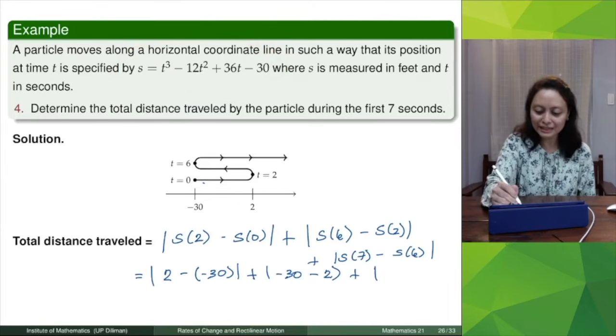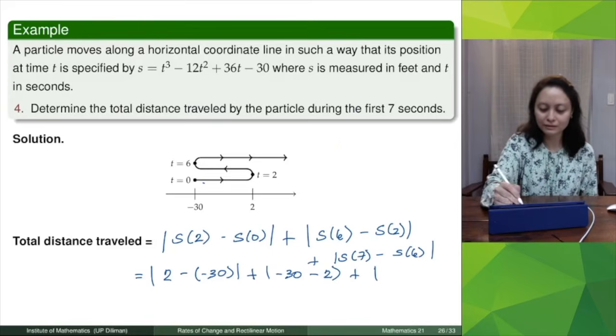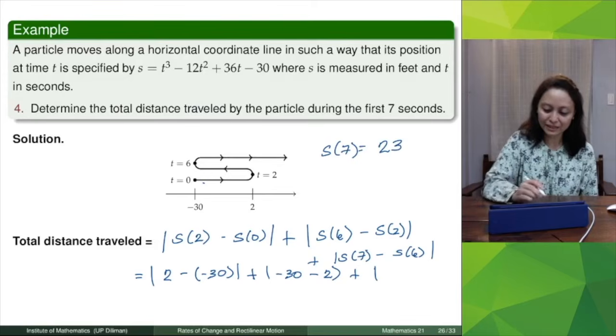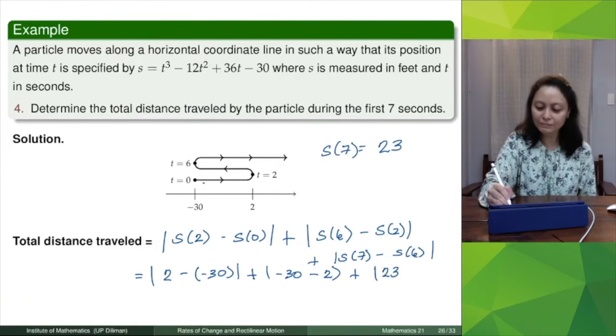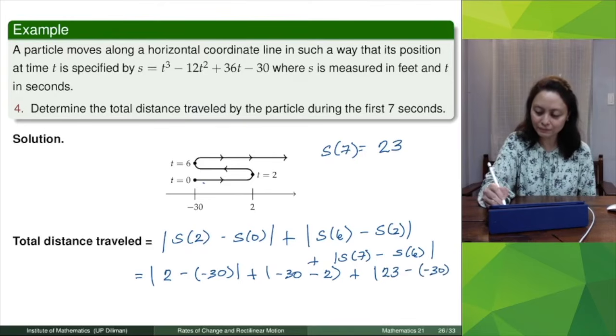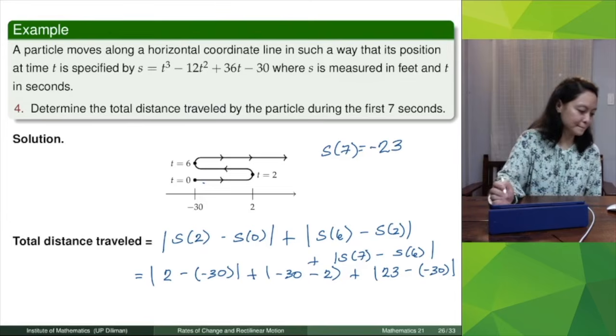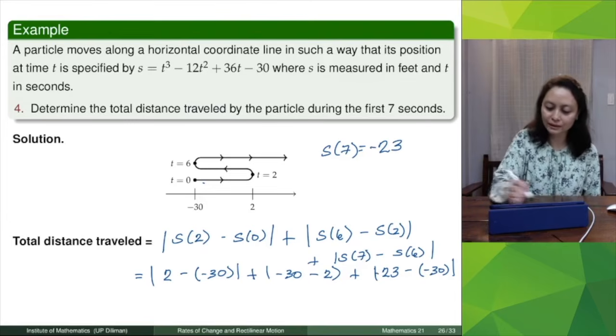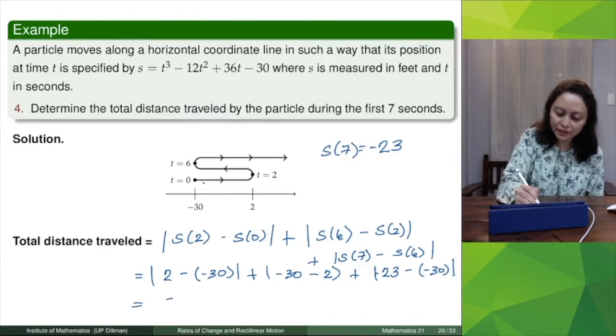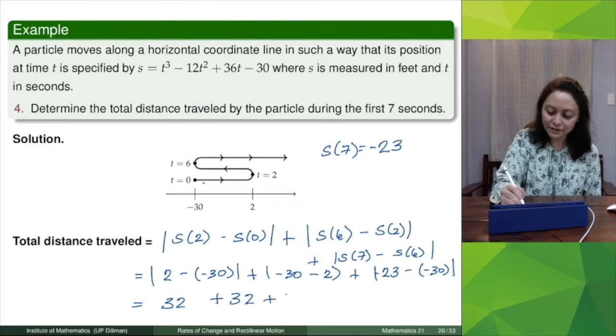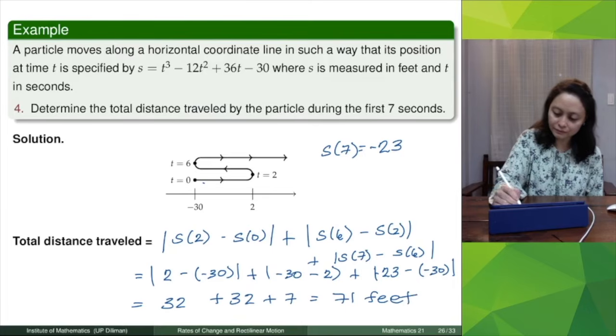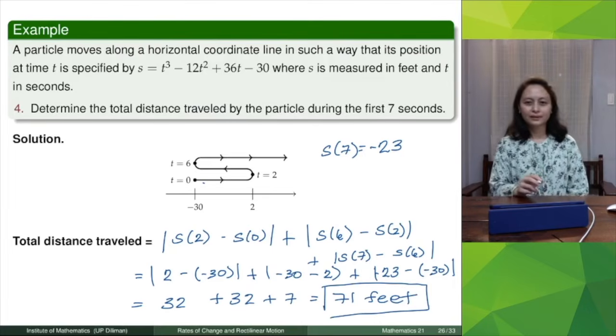Sige, pa-verify na lang that S of 7 is equal to 23. Okay, paki-double check ha. 23 minus S of 6 is negative 30. Ay, sorry, negative 23 to. Okay. Yan, sige. So, 2 minus negative 30, you have 32 plus 32 plus 7. This is equal to 71 feet. Okay?